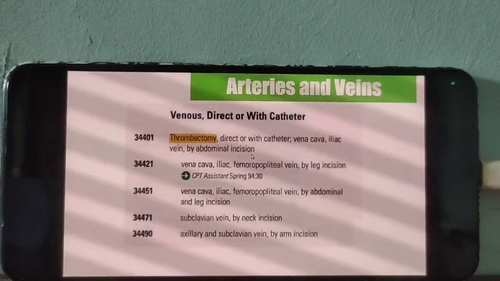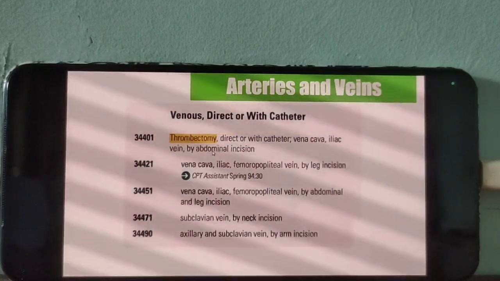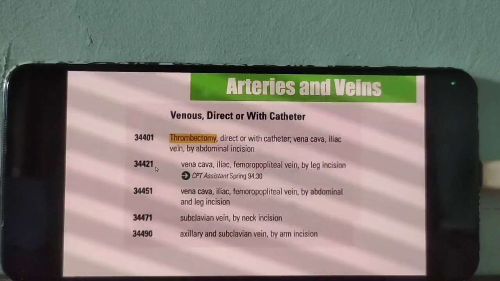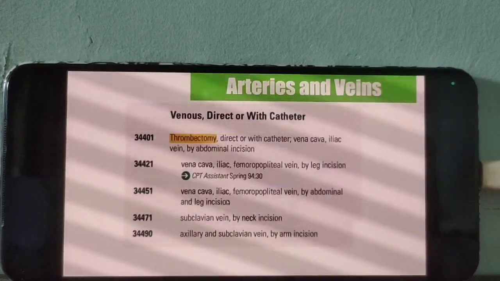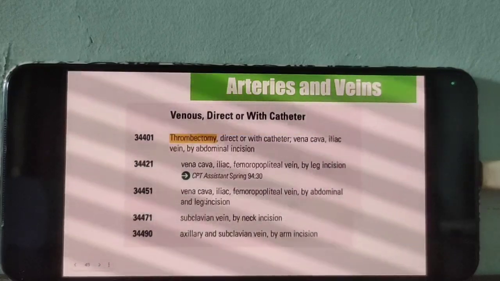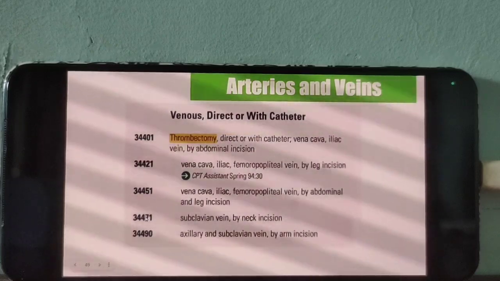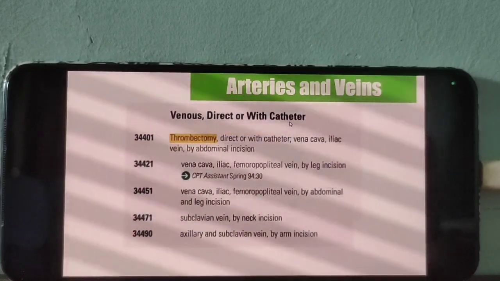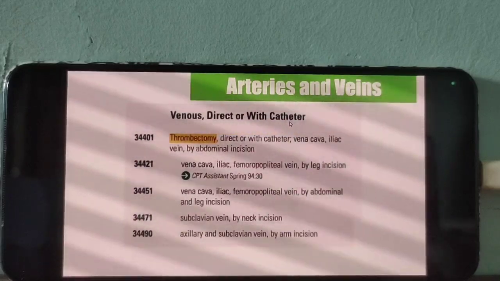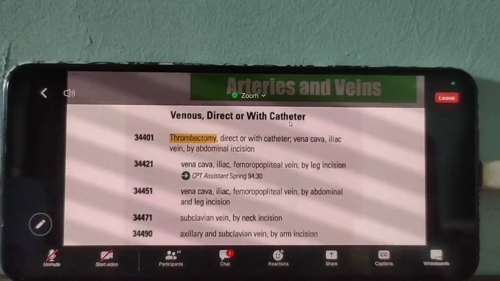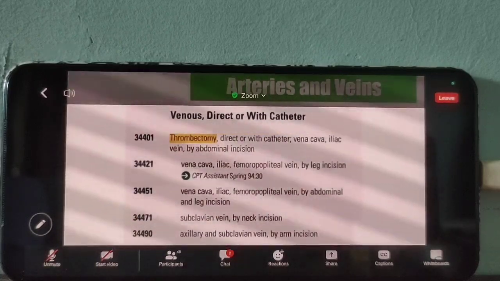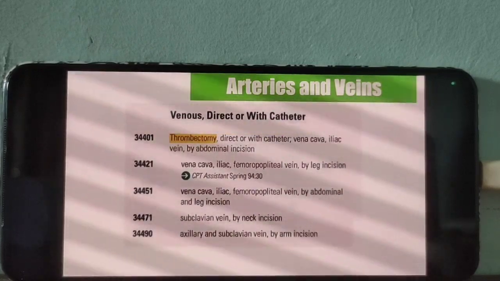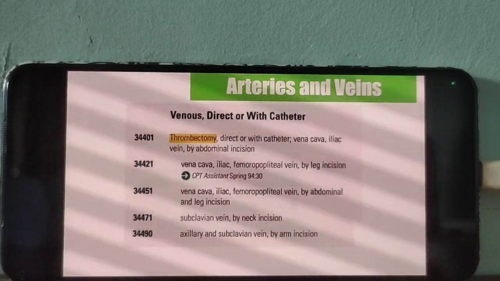These are the code sections for venous: abdominal incision 34401, leg incision 34421, abdominal and leg incision 34451, neck incision 34471, arm incision 34490. The procedure is removal of thrombus from vein. According to the incision, we have to select the appropriate code section here.